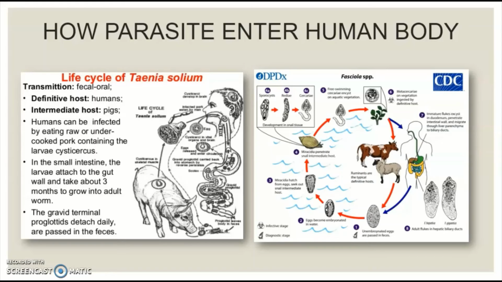First, humans can be infected by eating raw or undercooked pork containing the larva cysticercus. Basically, the larva lives inside the pig's body, and if someone eats it without cooking the pork first, the larva will still be alive, and then it will enter the human body. In the small intestine, the larva attaches to the gut wall and takes about 3 months to grow into an adult worm. And then the gravid terminal proglottids are detached and passed in the feces.